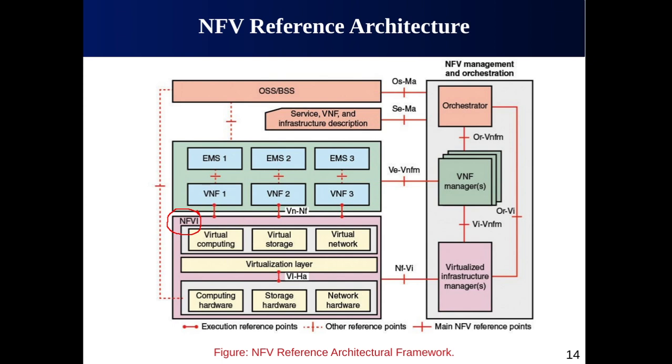It actually virtualizes the physical computing and storage and networking. Remember the three things: computing, storage, and networks. Okay, so they are actually virtualized and they are placed on top of the virtualization layer. So at the bottom you have the actual hardware, and then we have the virtualization layer, and on top of that we have the virtualized computing, storage, and network environment. And as a whole, this is referred to as NFVI.